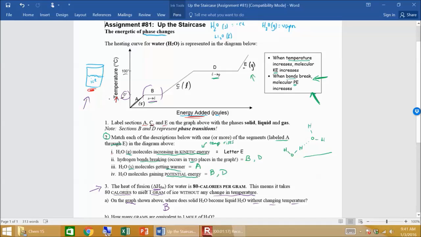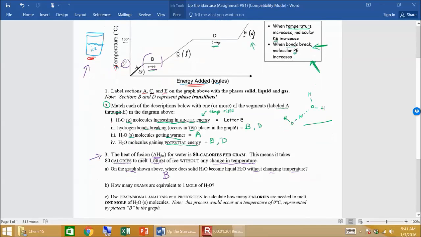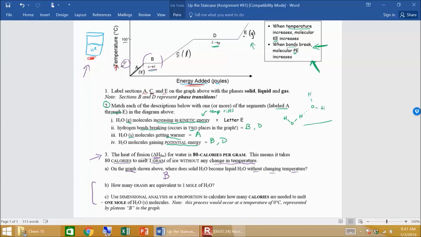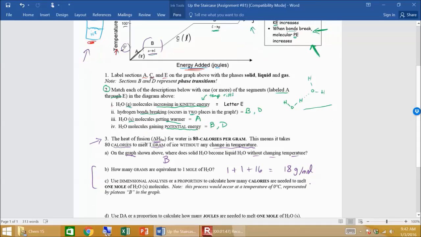Now you try to do the math for questions 3B and 3C here. Try to do the math on your own. I'll show you the answer after you've paused the tape. Here's the answer you should have. H2O is H, which is 1, plus H, which is 1, plus O, which is 16. It's 18 grams per mole. We can use that in C to say, well, 1 mole of H2O, 18 grams.